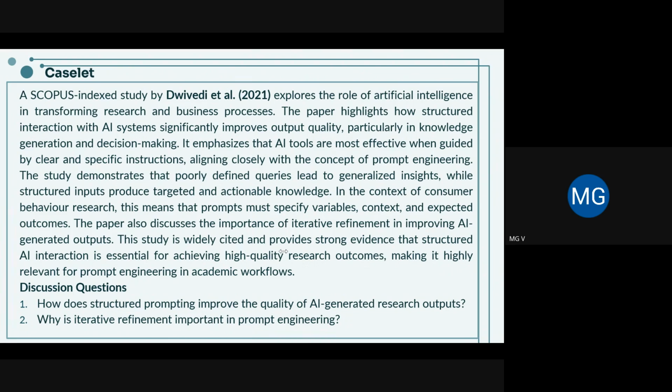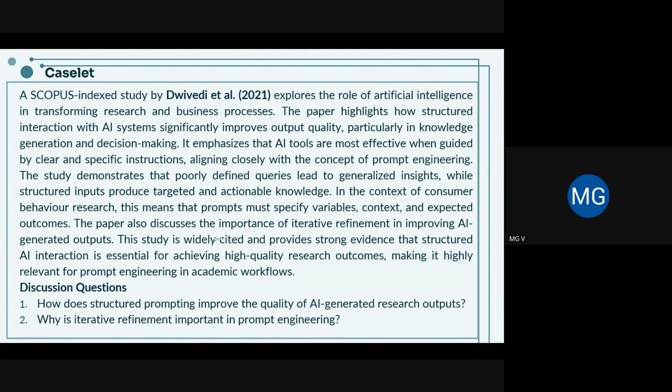So the paper also discusses the importance of iterative refinement in improving AI generated outputs. The study is widely cited and provides strong evidence that structured AI interaction is essential for achieving high quality research outcomes, making it highly relevant for prompt engineering in academic workflows. Now, the question arises, how does structured prompting improve the quality of AI generated research outputs?